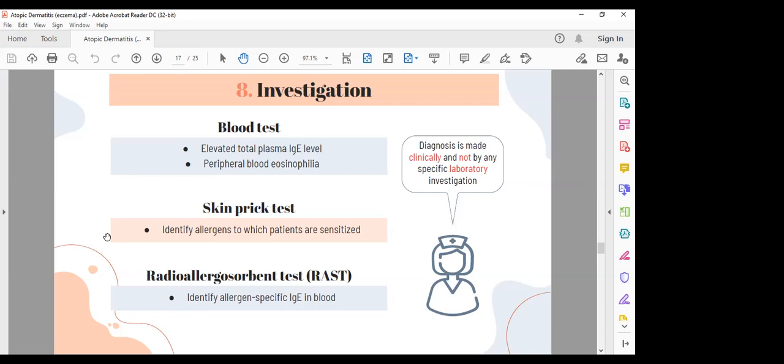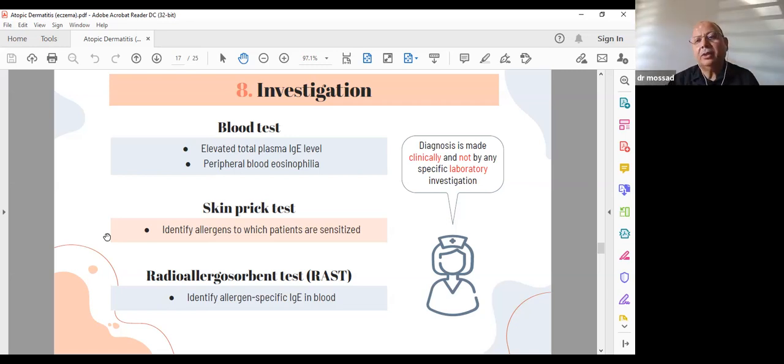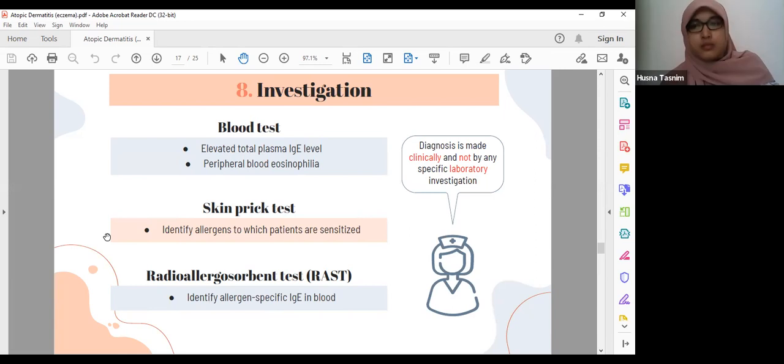So it will help in the diagnosis. They will give you a big list of foods and contacts which you must avoid. So it will help us to avoid these, which gives a good outcome. In spite of it not being required for diagnosis, it can support and it can help in the treatment.